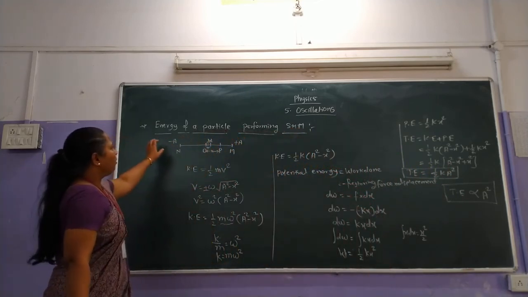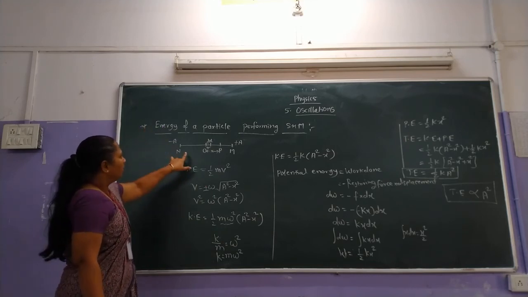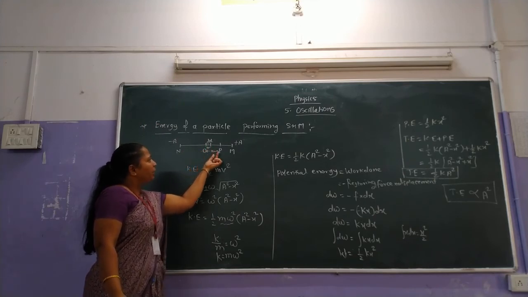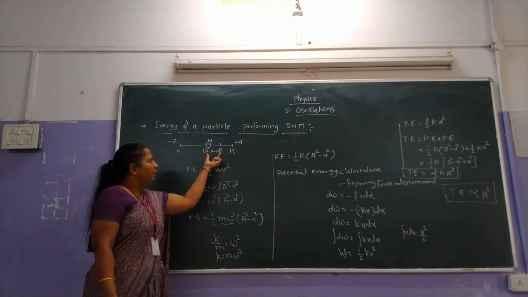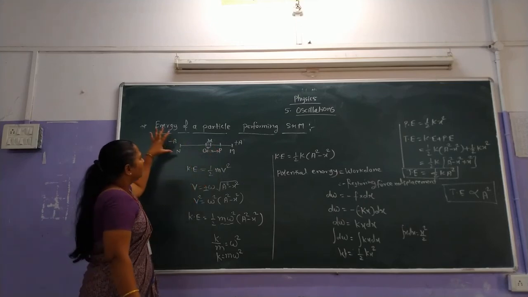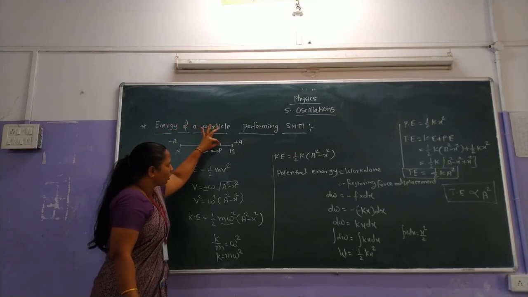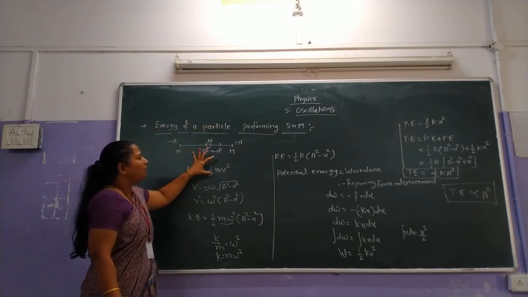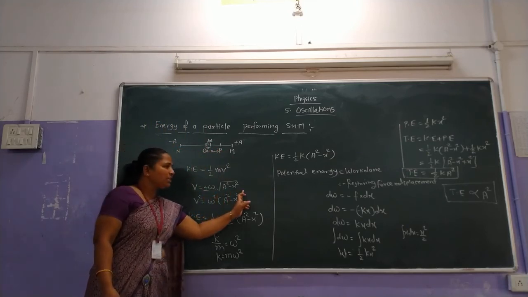Consider a particle performing SHM; the energy at point P can be calculated. Every particle possesses energy due to its motion. Kinetic energy is equal to half mv square, where v is equal to plus minus omega square root of a square minus x square.